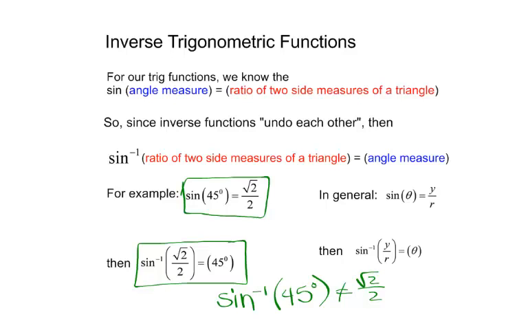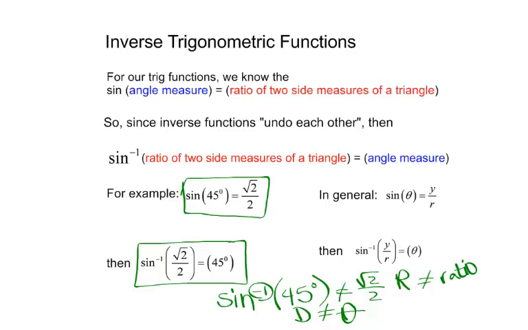That is not a true statement. The domain values for any inverse trig function should not be an angle measure. The range values for any inverse trig function should not be a ratio.